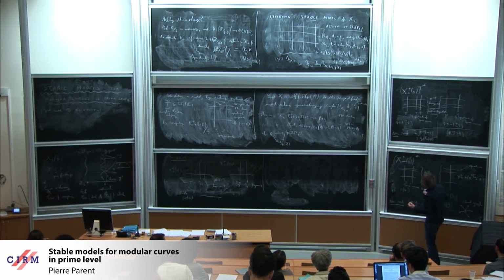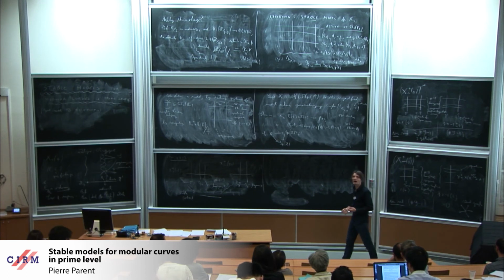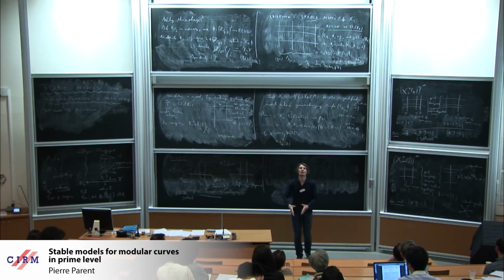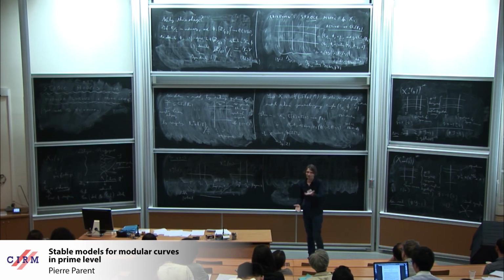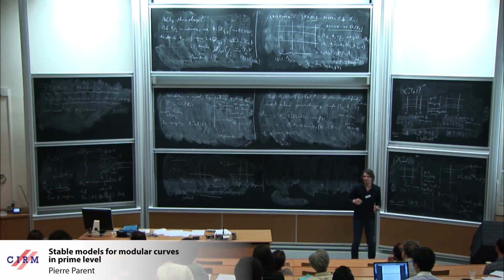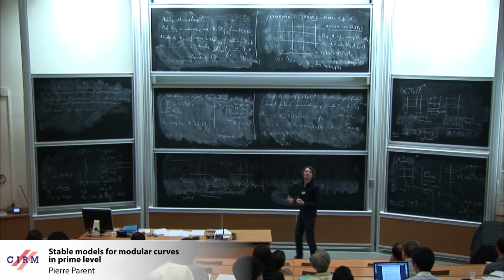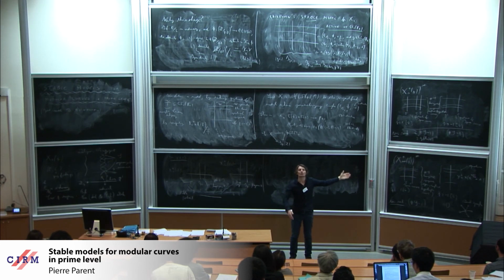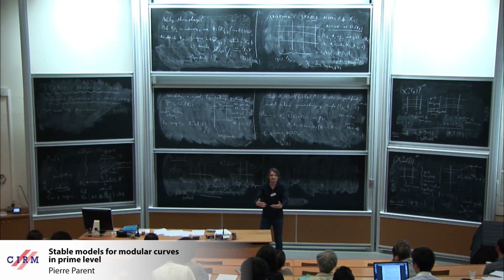And you see that they are switched by inertia when they are not by the Fricke involution. So it means that over Z, the non-split Cartan curve has the expected shape of only one big component with multiplicity p plus 1. And this amounts to the fact that you gave a modular interpretation of the non-split Cartan structure in terms of necklaces, and that in characteristic p there is basically one necklace. That explains the fact that there is only one irreducible component in characteristic p, and this is recovered by the quotient by inertia.